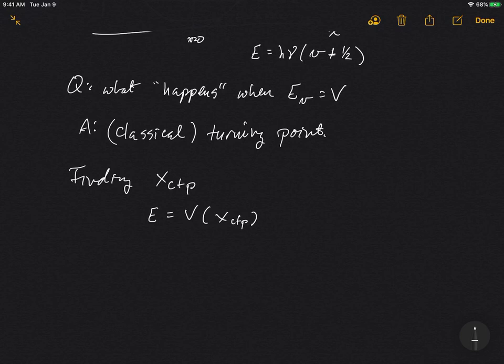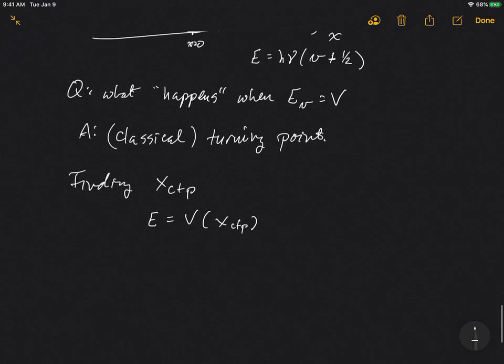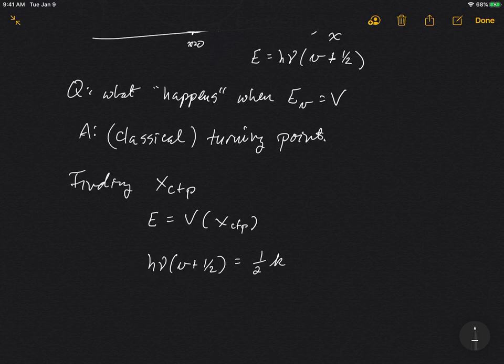That will tell us the x-axis position corresponding to where these classical turning points occur. So if we set E equal to V and solve for x, we get E is, of course, h nu times v plus 1/2, and we get that equals 1/2 k x squared CTP.